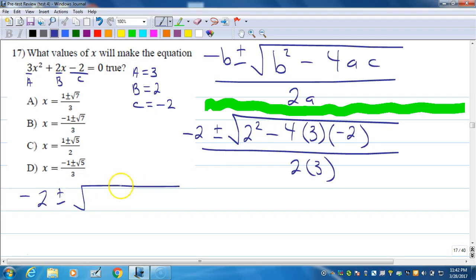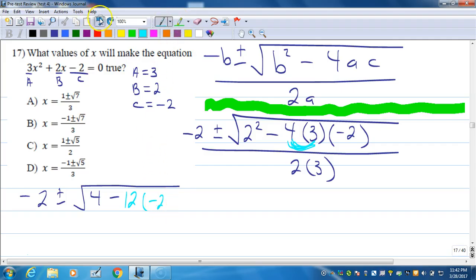2 squared is 4. Minus 4 times 3 is 12. I'm going to put a 12 here. And then I still need to multiply that by a negative 2. Now, what's 12 times negative 2? 12 times negative 2 is negative 24.